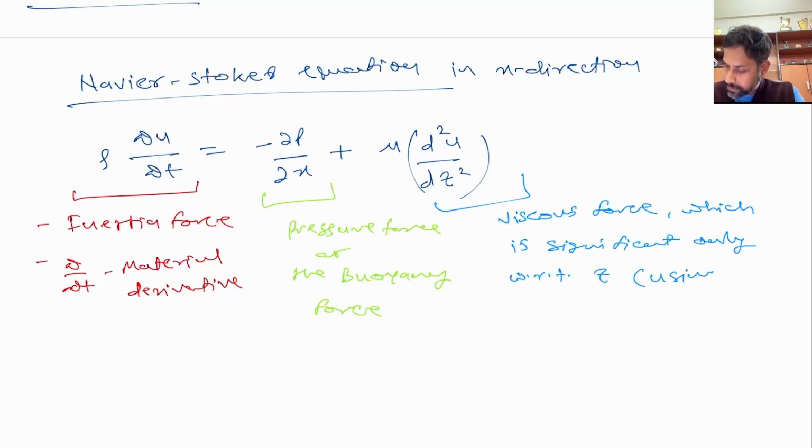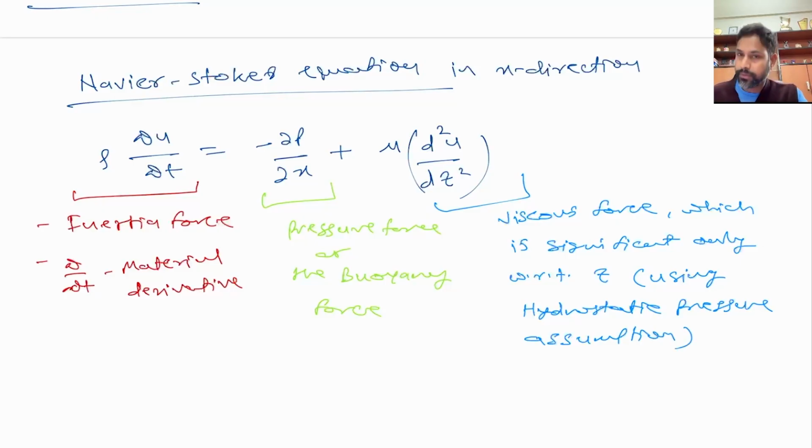I'll just make a note here, using hydrostatic pressure assumption, right, where we assume that gravity current length is much greater than the thickness, and that is why your variation of velocity only in z direction is important, not in other directions.